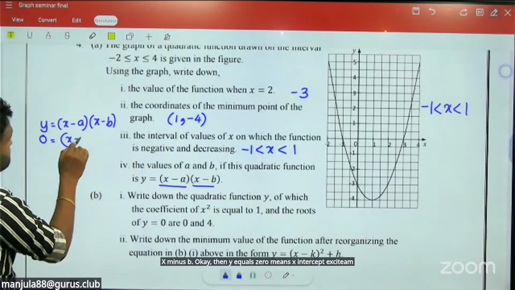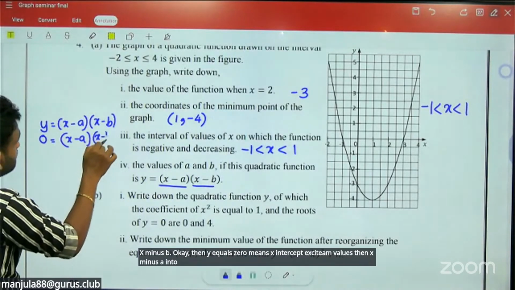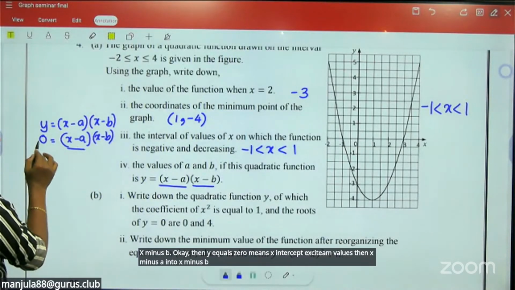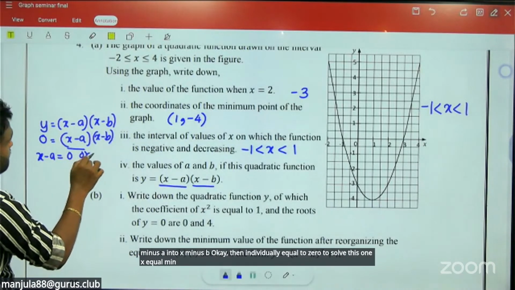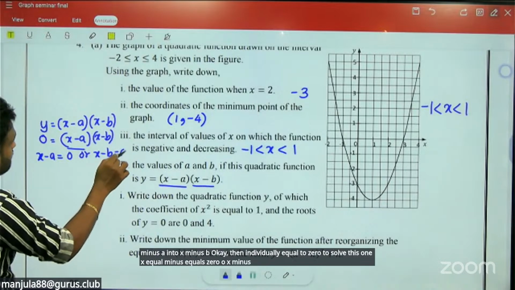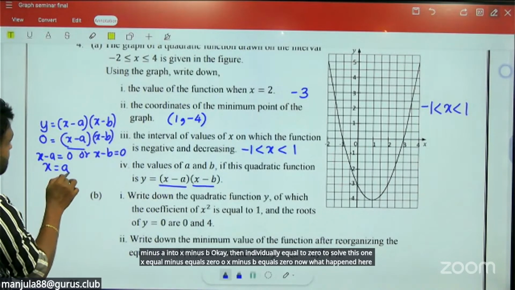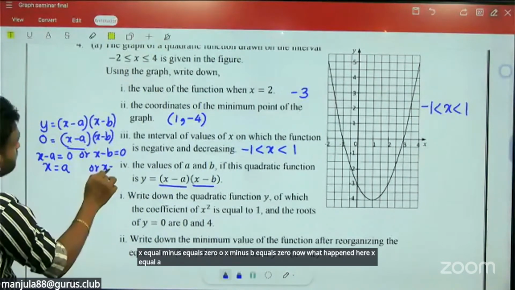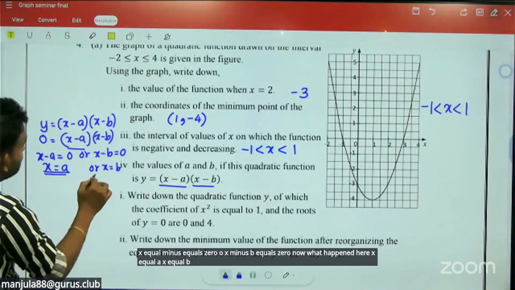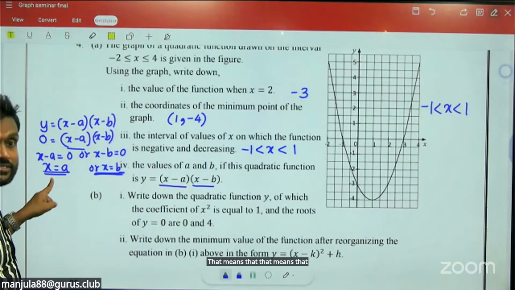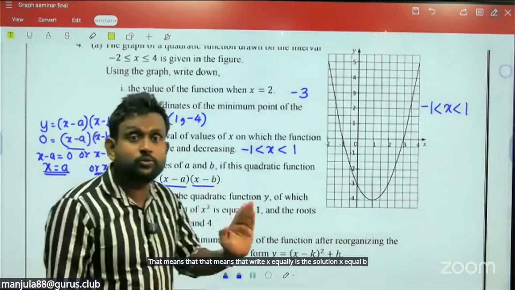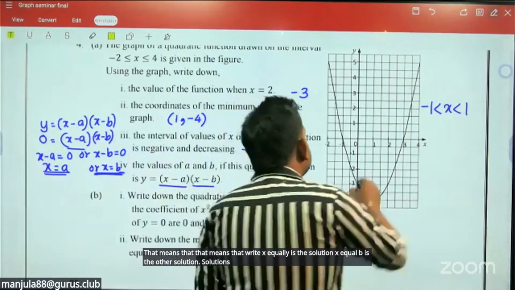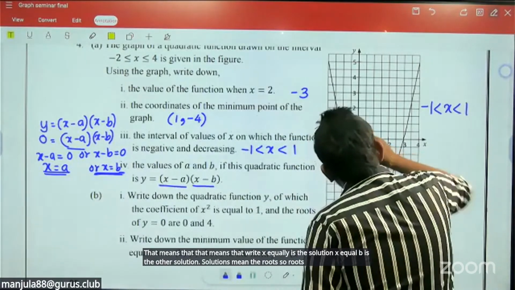Then set each factor equal to 0 to solve: x minus a equals 0, or x minus b equals 0. Now what happened here, x equals a or x equals b. That means x equals a is one solution, x equals b is the other solution. Solutions mean the roots. So these two values are the roots.